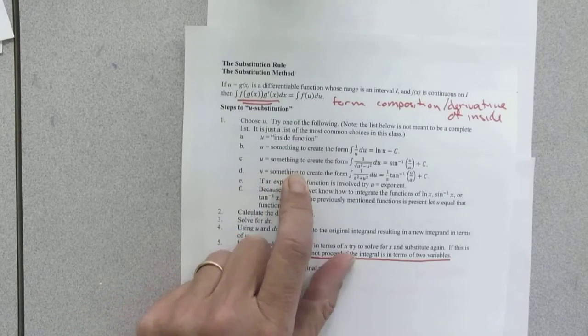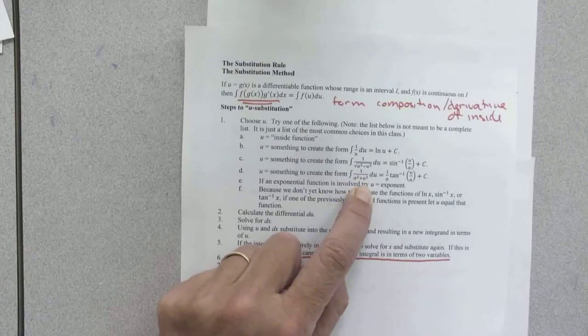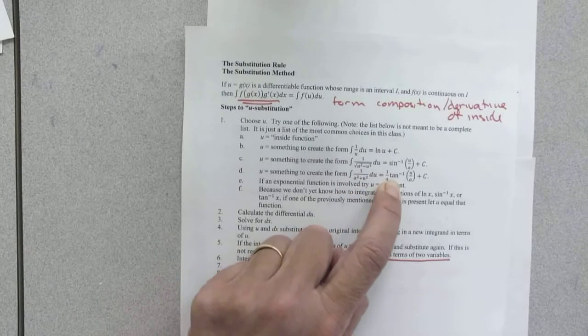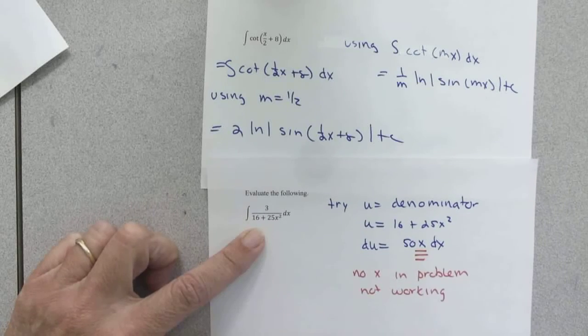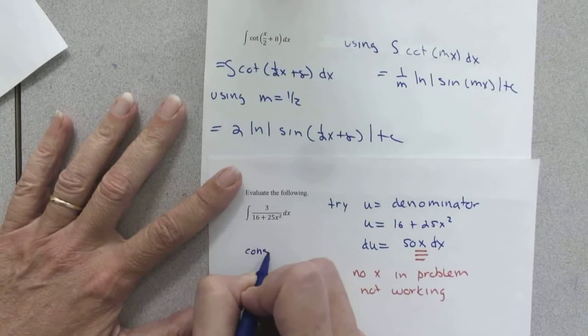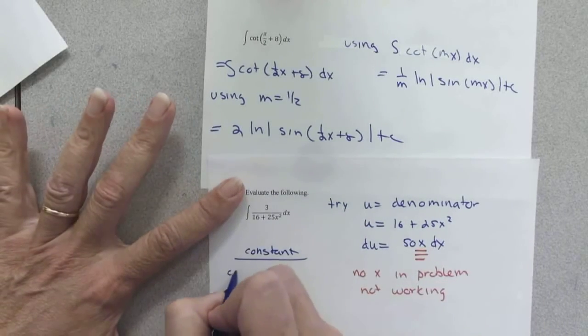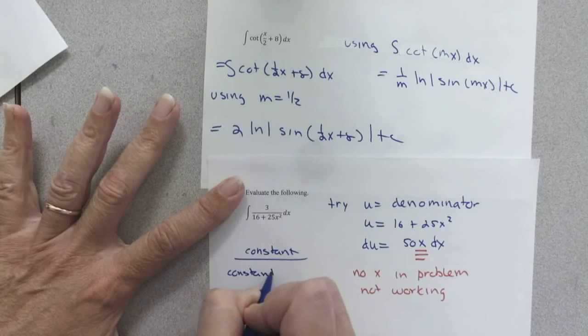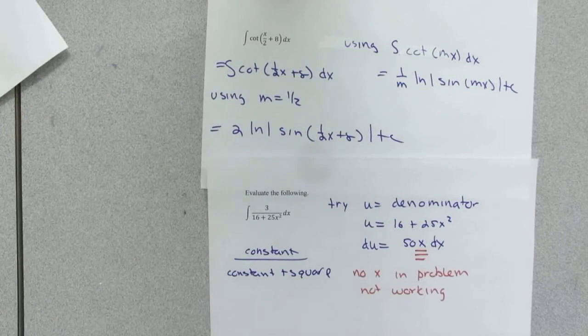U equals something to create the form 1 over a squared plus u squared du, which integrates to tan inverse. When I see this, constant over another constant, doesn't matter, plus square, and that's what I kind of have there, some number on the top.